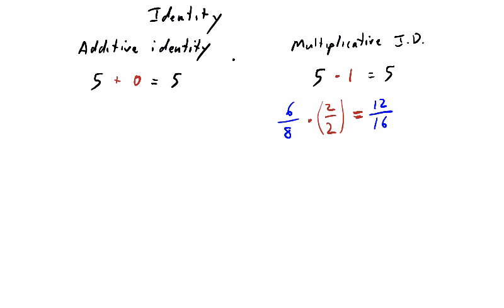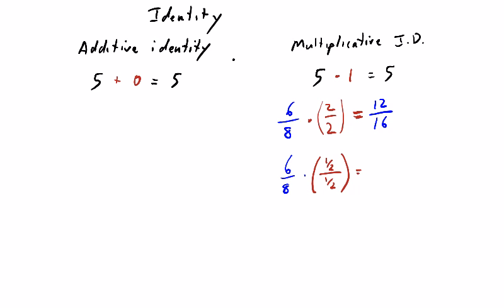Another example, working on the same fraction, 6/8, you may have recognized that we could divide both the numerator and denominator by 2. But that's really using the multiplicative identity. Dividing by 2 is the same as multiplying by 1/2.